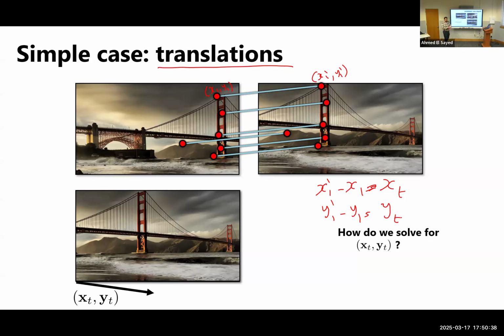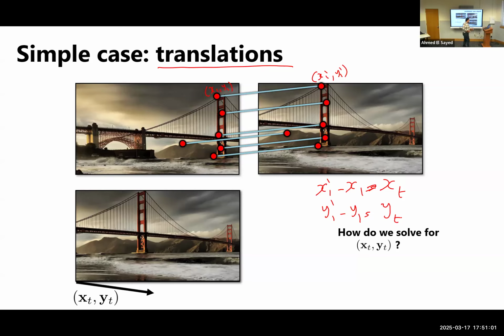Very simple. Let's go home. Finish the problem. Right? Unfortunately, no. Because if you use the first one, you will get xt, yt. If you use the second one, you may get a different xt, yt. If you use the third one, you will get a different one. So which one of them is the correct one?